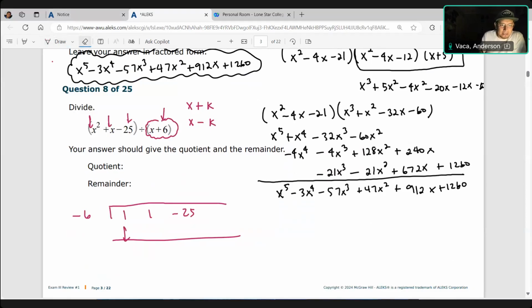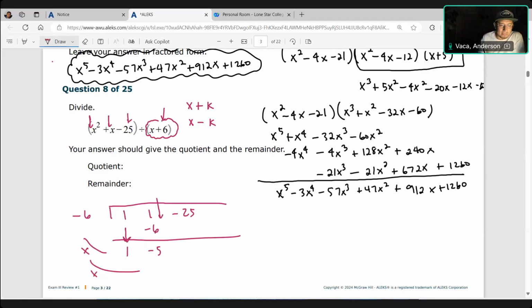So did you notice that I did an arrow here? The reason for that is because in order to start synthetic division, we always drop the very first number. And then we multiply, so we get negative 6, and we combine. Combining these two numbers gives us negative 5.